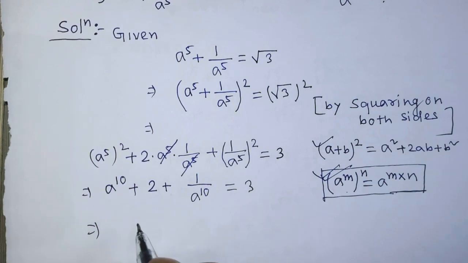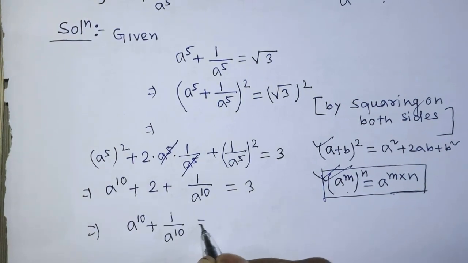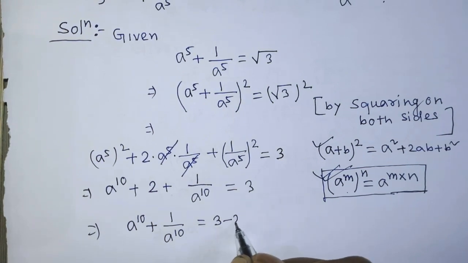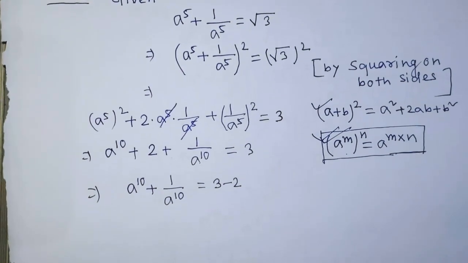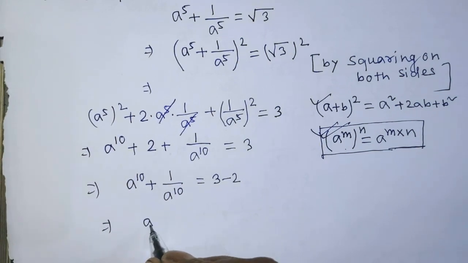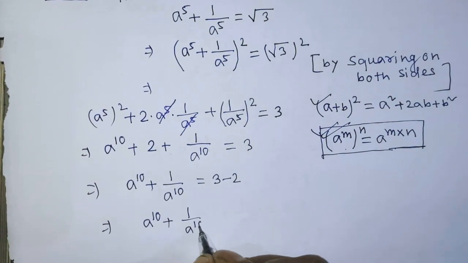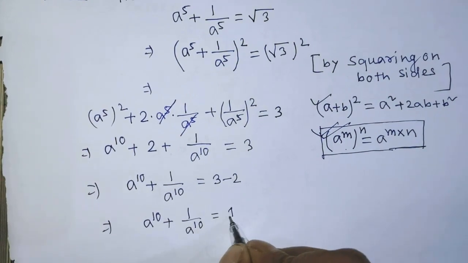So student, after that we have to transpose plus 2 from the left hand side to the right hand side. So on the left hand side we get a to the power 10 plus 1 over a to the power 10 is equal to 3 minus 2. So the value of a to the power 10 plus 1 over a to the power 10 will be 1.